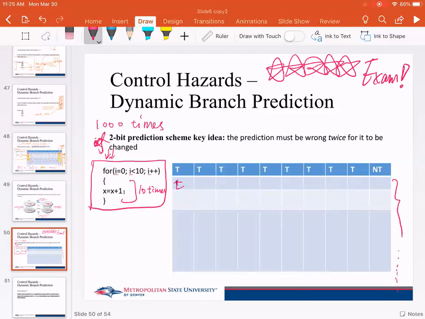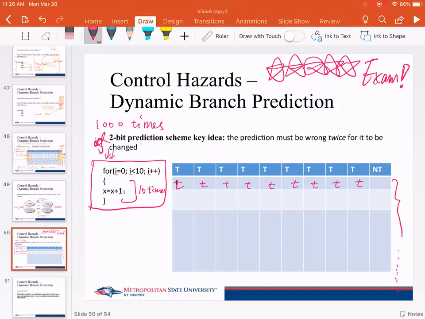Right. So suppose the buffer was initialized as the branch is taken. So the prediction was T, and I will keep doing T because I'm doing a correct prediction. And the last column is a little bit tricky. The branch should be not taken, should be NT.